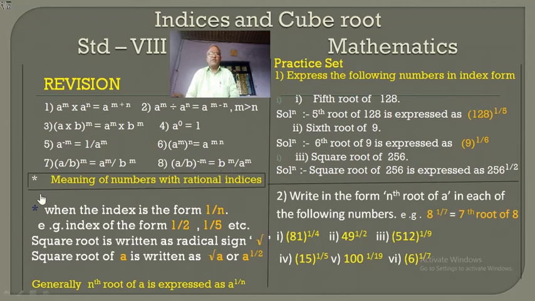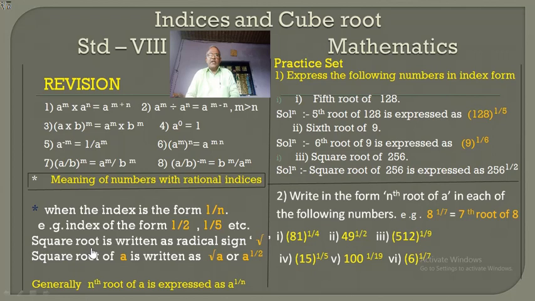Next point is the meaning of numbers with rational indices. When the index is of the form 1 upon n, where the numerator is 1 and the denominator n is other than 0, for example, index of the form 1 upon 2, 1 upon 5, etc.